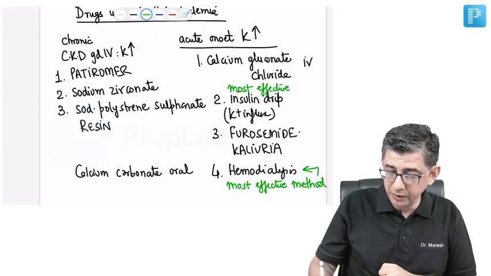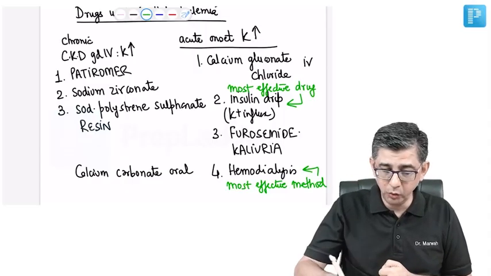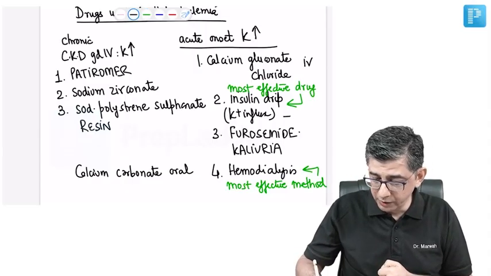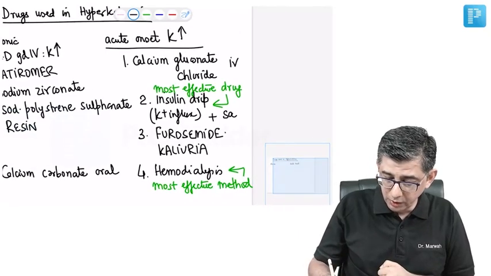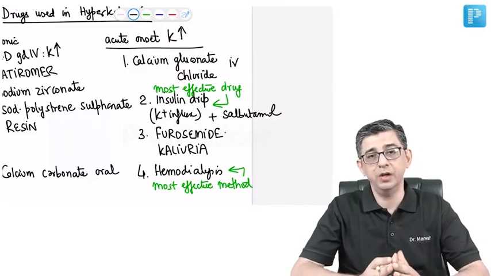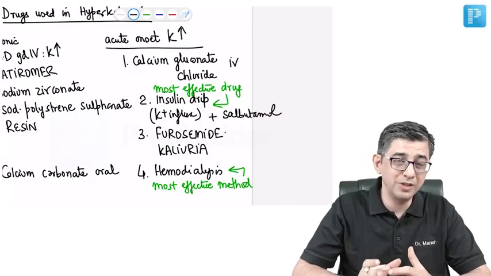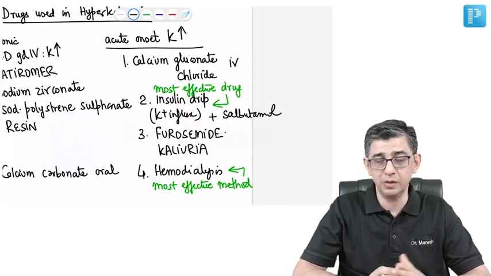As I mentioned to you, insulin is going to cause potassium to go inside the cells, and to supplement this in point number 2 only, what I can also use is salbutamol. Now, traditionally, salbutamol is read for management of asthma. In these patients, the dose of salbutamol that is used is almost 4 times higher than what you use in asthma.